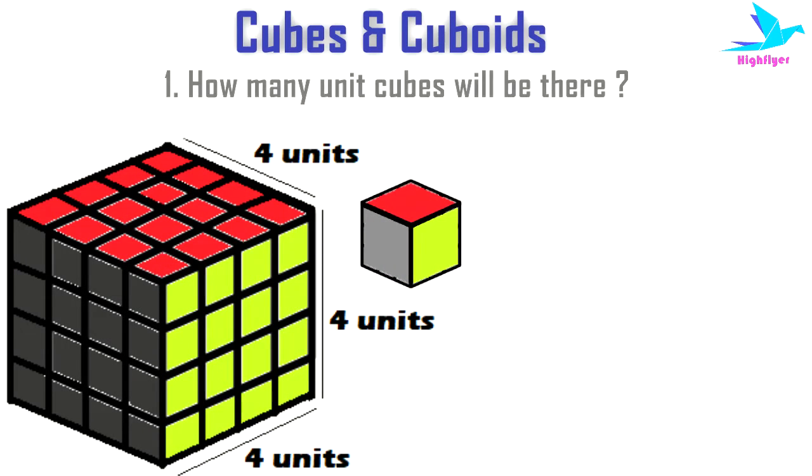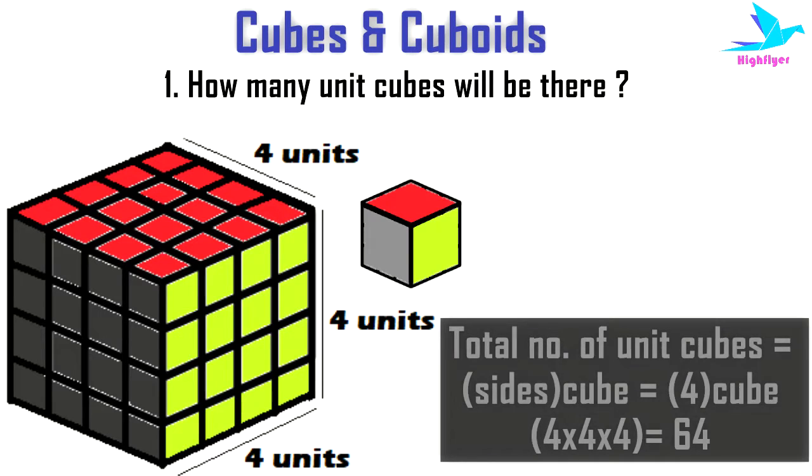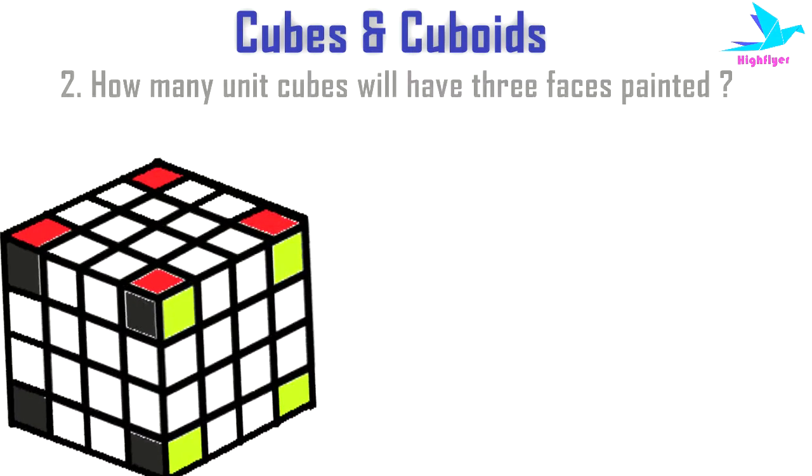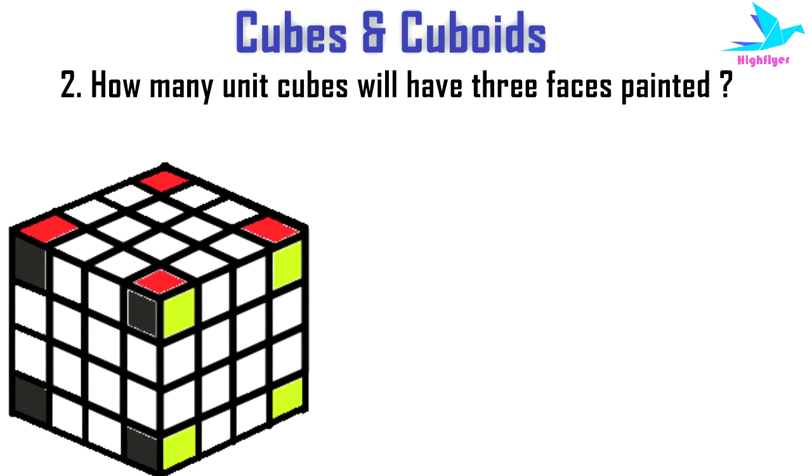First question, how many unit cubes will there be? The answer is the total number of unit cubes equals side cubed, that is 4 cubed, which equals 64. Next question, how many unit cubes will have 3 faces painted?